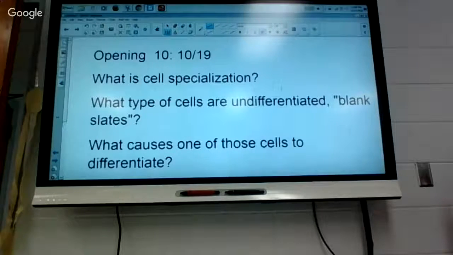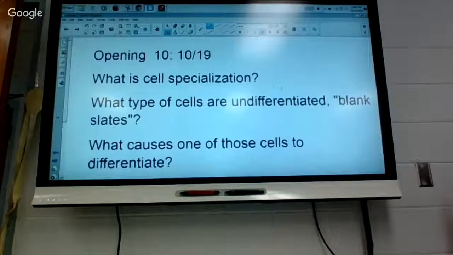Something triggers it, or an instruction? Gene activation. That's it. So there's a transcription factor, which we'll find out more about later. The gene has to turn on either by a transcription factor, or an internal cue, as they call it, or an external cue that can cause that.